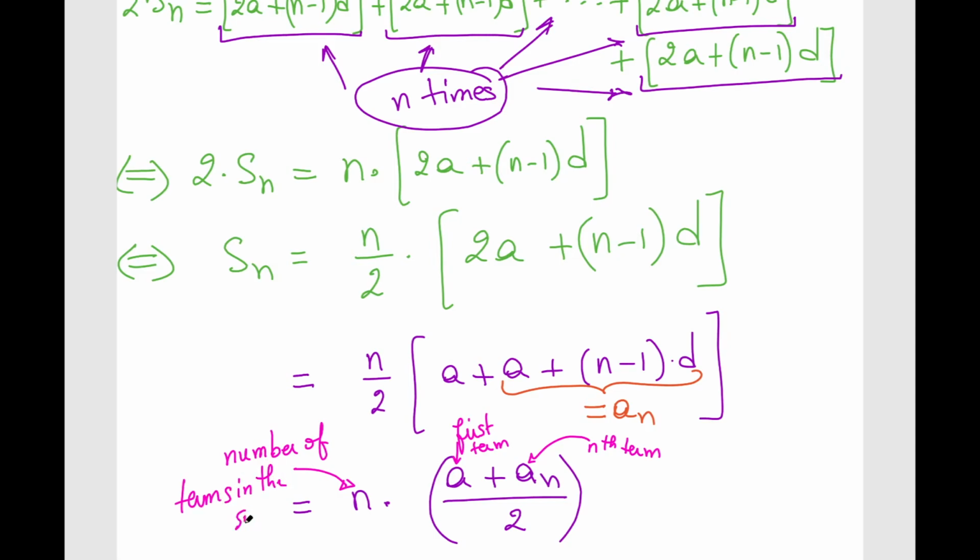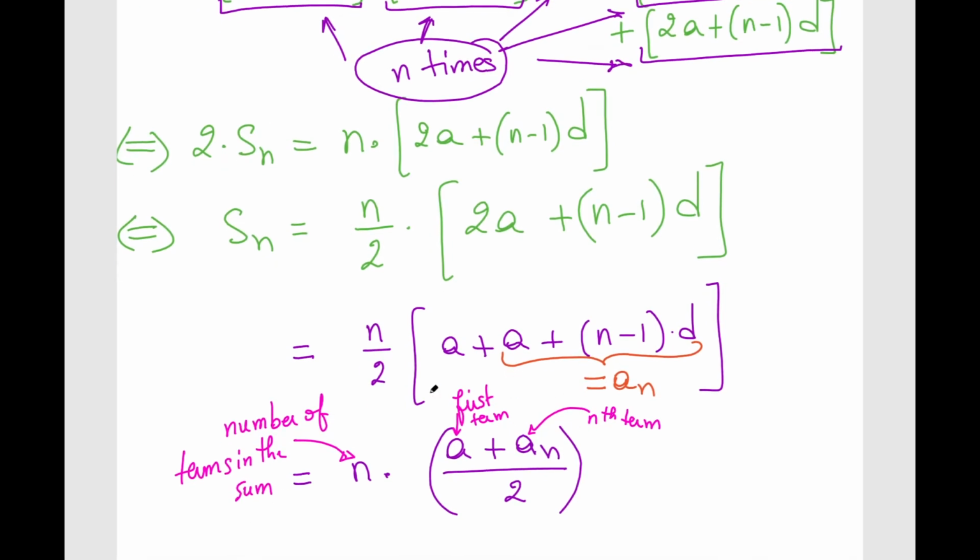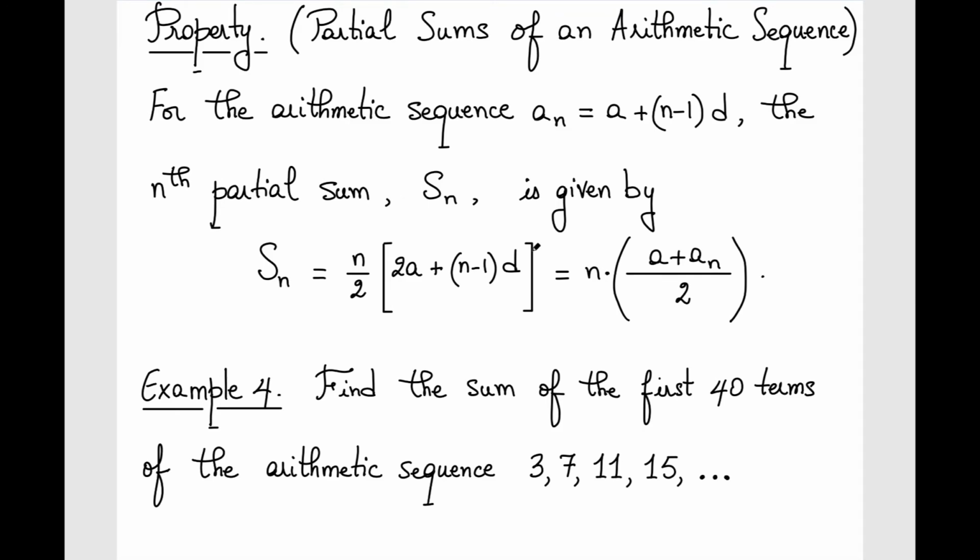So the number of terms and the sum. You get this nice property: the sum of the first n terms of an arithmetic sequence is the average between the first term and the nth term multiplied by the number of terms in the sum. Okay, so let's record this. Here it is.